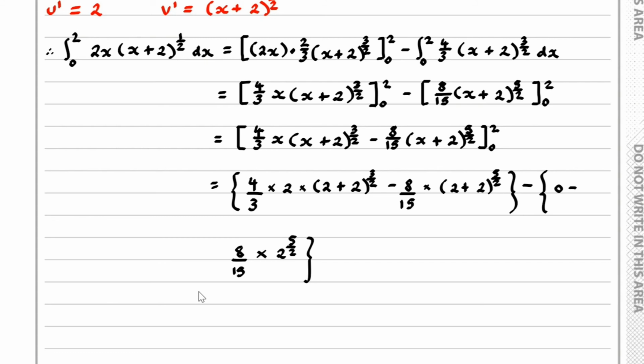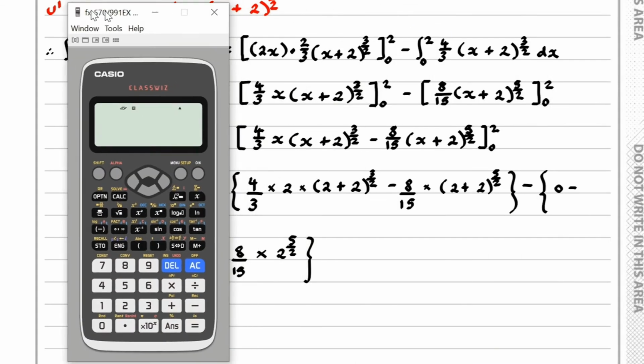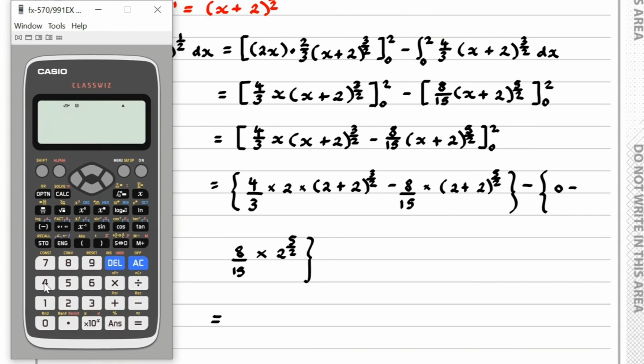So let's work all of this out. What I end up with is, well, let's work this out here. I've got 4 over 3 times 2 times by 4 to the power of 3 over 2. That's 64 over 3.